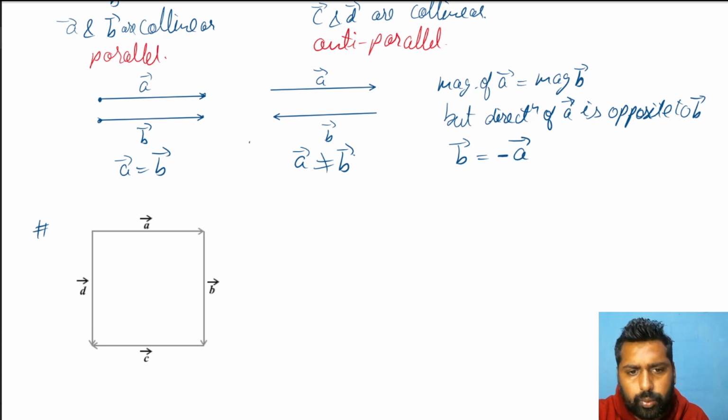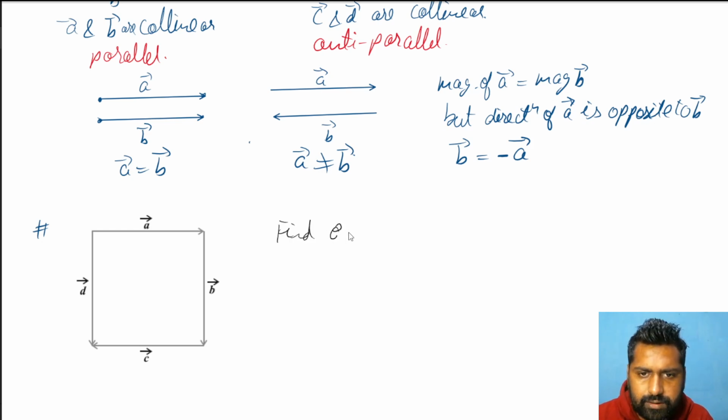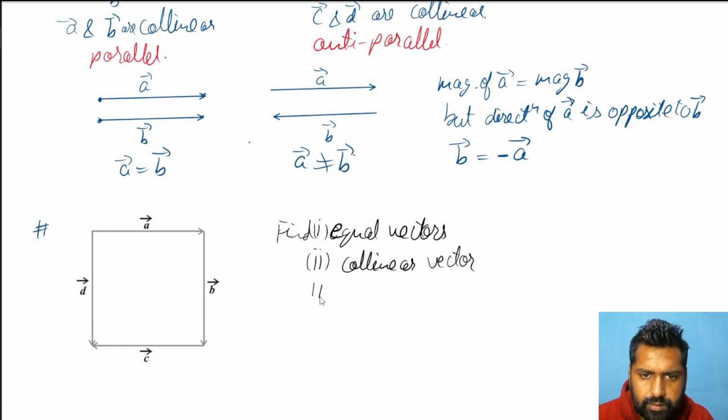You have to identify co-initial, equal, and collinear but not equal vectors. So first you have to find equal vectors, second you have to find collinear vectors, third you have to find collinear but not equal.